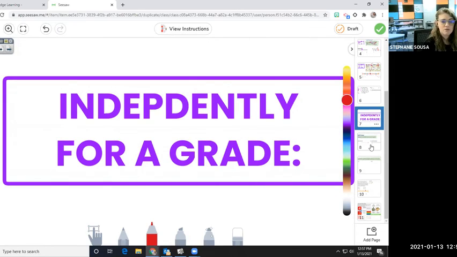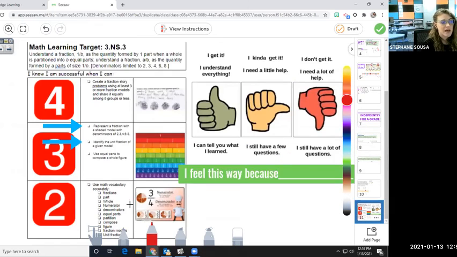So if I were to say, what's a fraction on a number line? And you say, oh, it's easy. You didn't tell me that you know what it is at all, okay? So you need to make sure on that last slide, you are using these vocabulary words to tell me that you know what you're doing, okay?